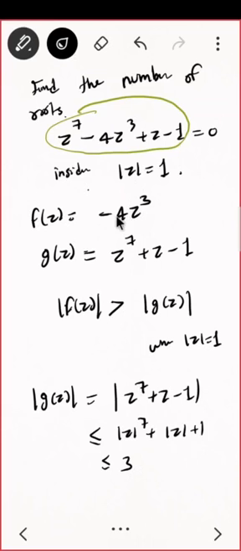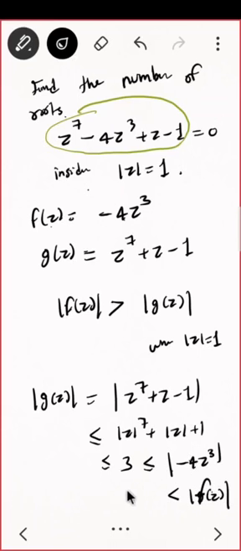Because what do you know about f of z? This is minus 4z cube, correct? Mod of minus 4z cube is 4, because mod z is equal to 1. So mod f of z is 4, which is greater than mod g of z. Do you see the conditions of Roche's theorem are satisfied?